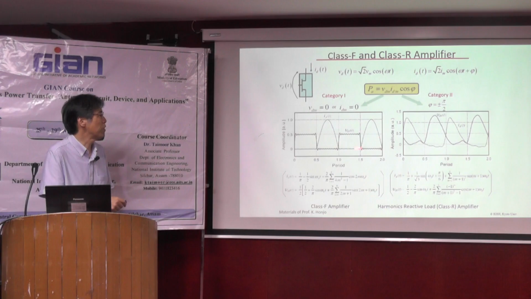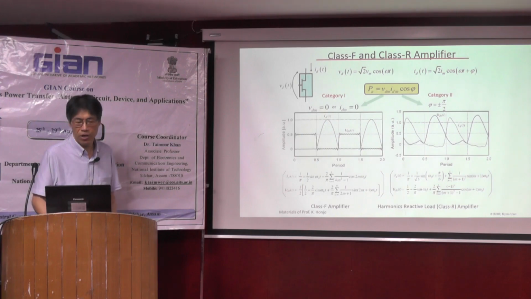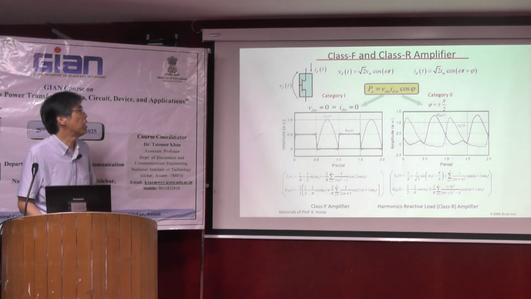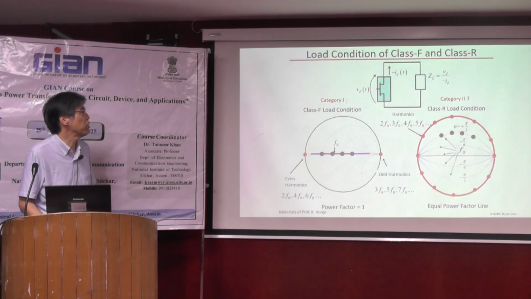Of course, compared to this class F waveform, the class R waveform is a little bit strange, but the selection of the design is very loose compared to class F. So he recently proposed that class R is better for developing real circuits. This is a very brand new amplifier, class R and class J. And this is the load condition on the Smith chart of class F and class R here.